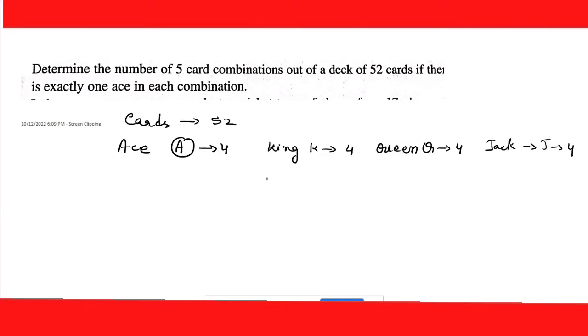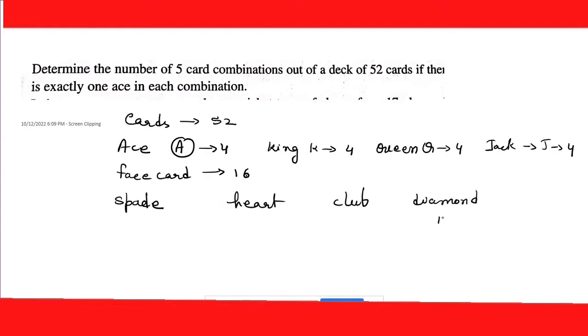Now if there's a question of face cards, there are 16. And there are 4 suits of cards: spade, heart, club, and diamond. Each has 13 cards. So this is overall about the cards.